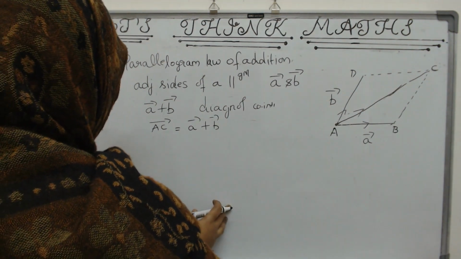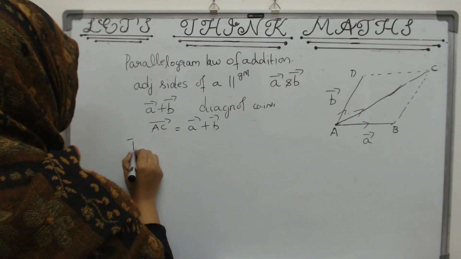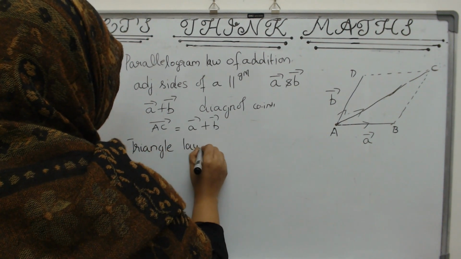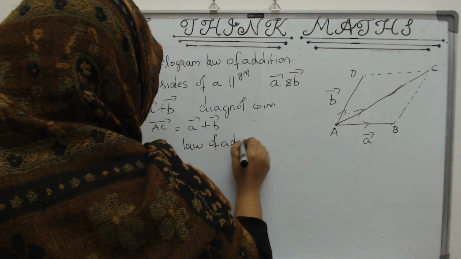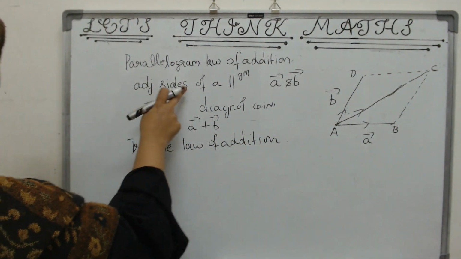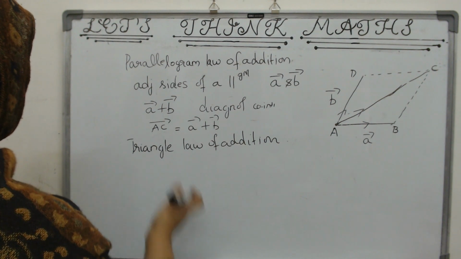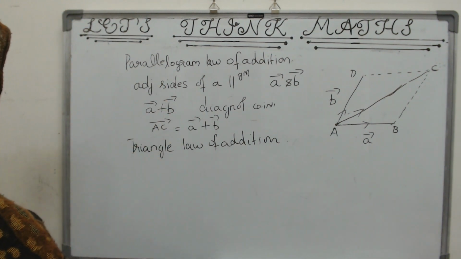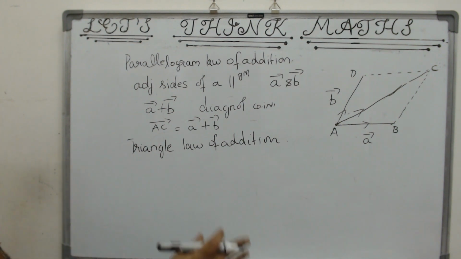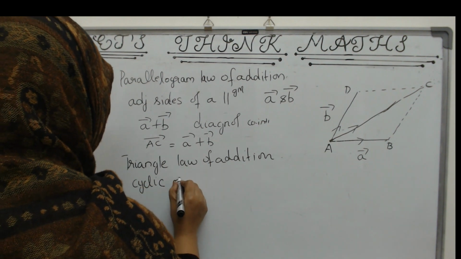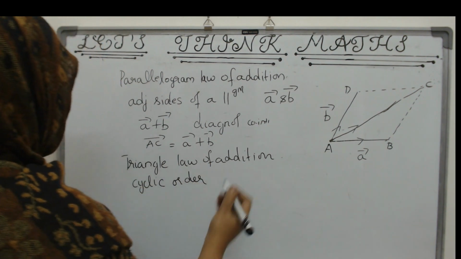Now from this we come to another law known as the triangle law of addition. Here we said adjacent sides of a parallelogram, but here saying adjacent sides does not make sense. Why is that? Because in a triangle all the sides are adjacent, as there are only 3 sides. We say the sides taken in the cyclic order. Let us see what that means.